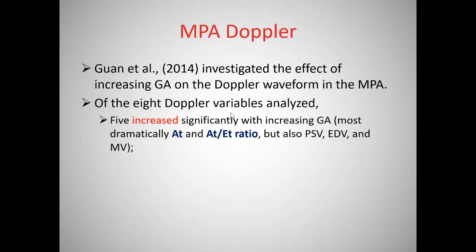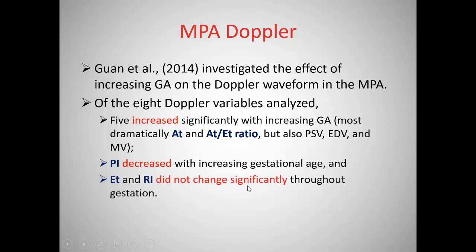In analysis of many of the Doppler variables, some increased significantly with gestational age, mainly the acceleration time to ejection time ratio, but also the peak systolic velocity, the end diastolic velocity, and the mean velocity increased with gestational age. The pulsatility index decreased with increasing gestational age, and the ejection time and RI do not change significantly throughout the gestational age.